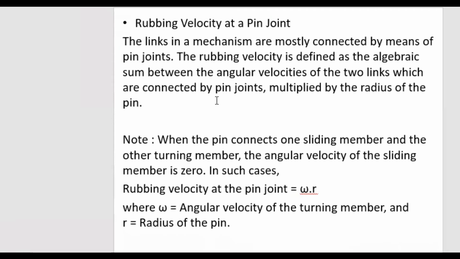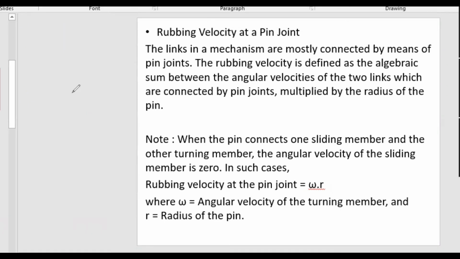You might have studied the gudgeon pin and all. The pin might have some radius, so that radius is multiplied by the algebraic sum of the angular velocities. When the pin connects one sliding member and another turning member, the angular velocity of the sliding member is 0. Say I have two links, this is one link and this is the other, connected by a pin here.